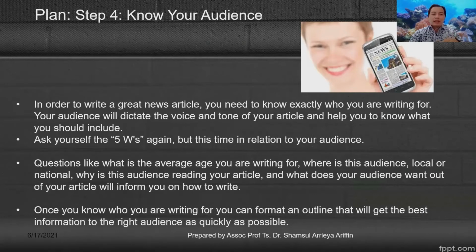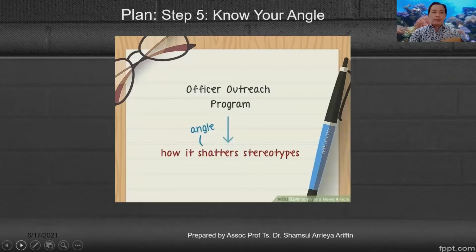So questions like: what is the average age you are writing for? Where is the audience, local or national? Why is this audience reading your article? And what does your audience want out of your article? Once you know who you are writing for, you can format an outline that will get the best information to the right audience as quickly as possible. So basically, you need to research the group you want to write the article for.